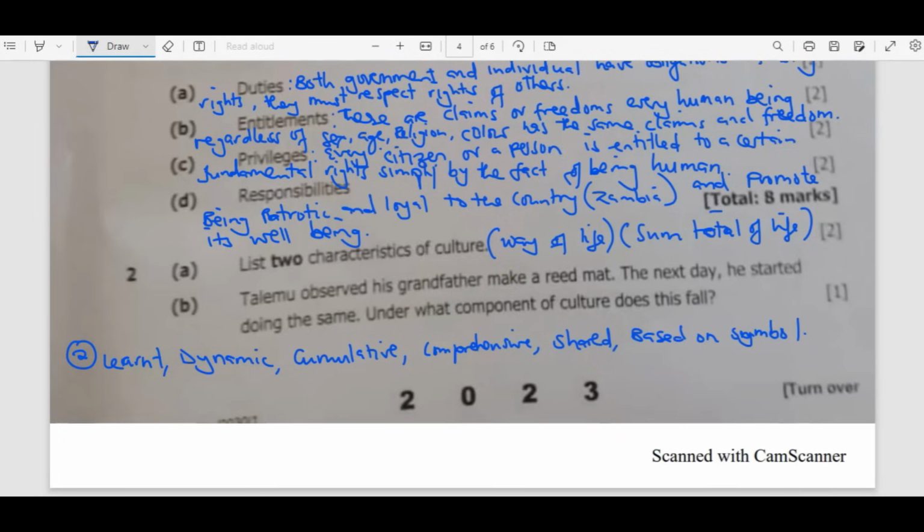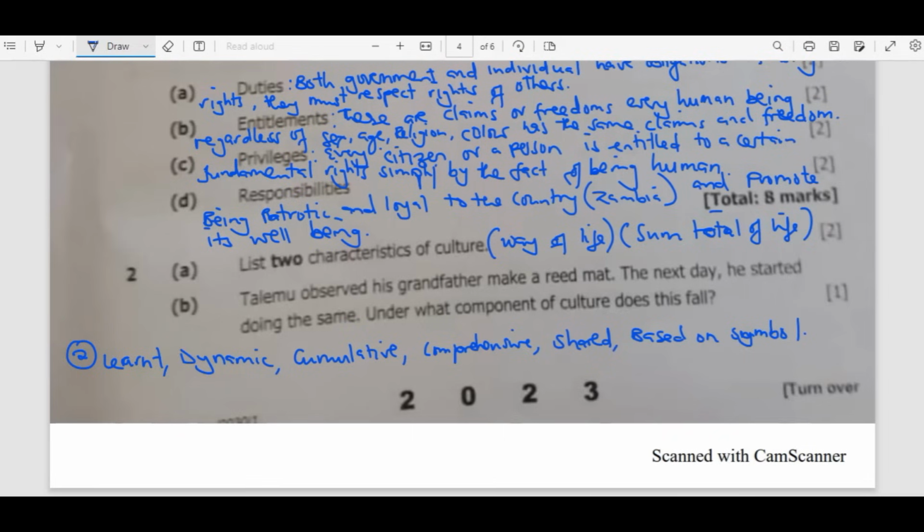Talemu observed his grandfather making a red mat. The next day, he started doing the same. Under what component of culture does this fall? So meaning that there is a situation of learning. So this person was learning from what he was observing from his grandfather.